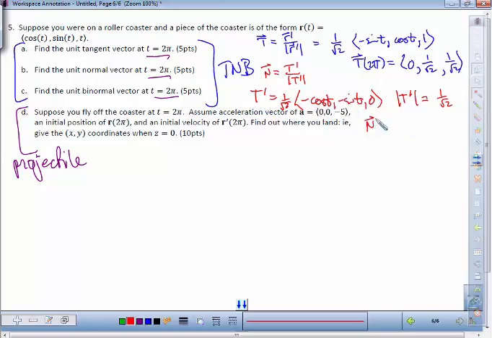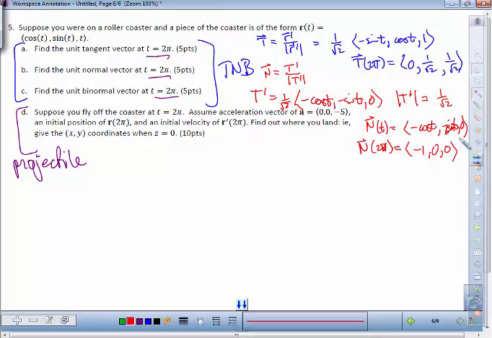So your normal is just negative cosine t, negative sine t, 0. So cosine of 2 pi is 1, and there's a negative. Sine of 2 pi is 0, and we have a 0.